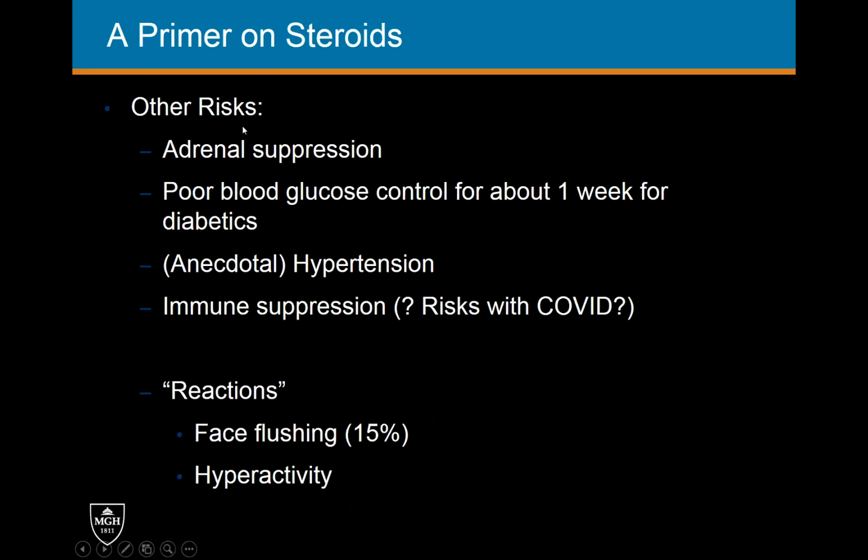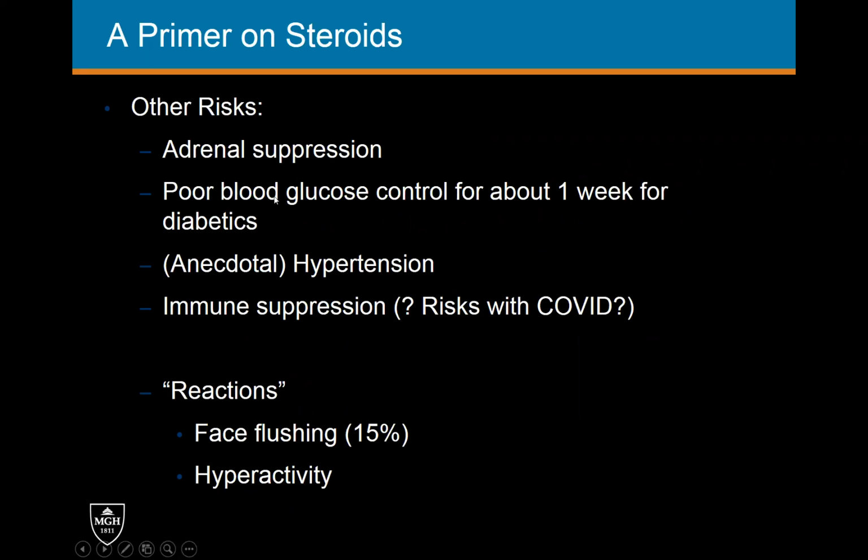And then other risks of steroids: adrenal suppression is a really real thing. Of note, there are some HIV medications that in combination with steroids can cause adrenal crisis. It's probably not a major issue in most people, but if the patient has adrenal insufficiency, you definitely want to be careful giving steroids.